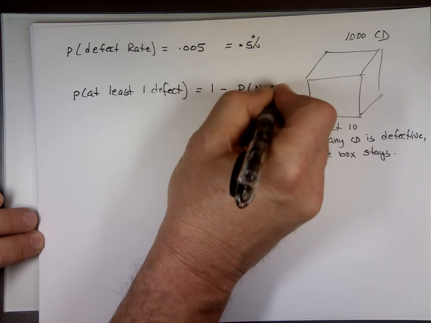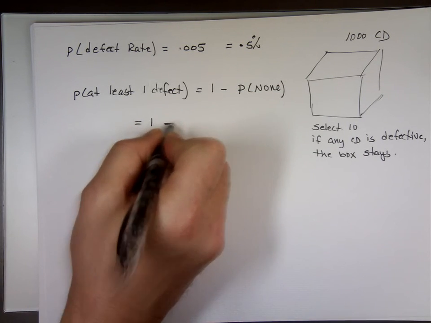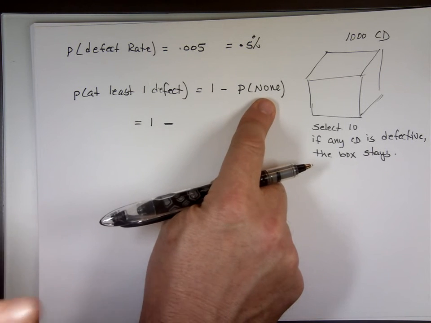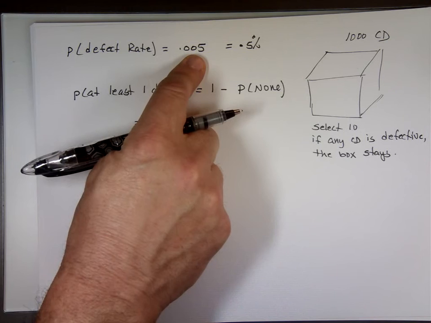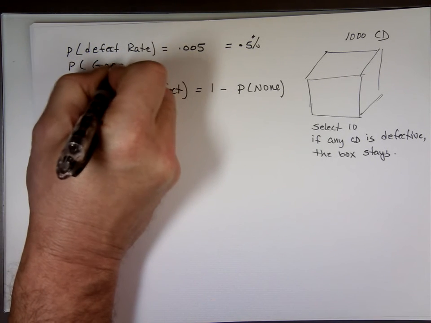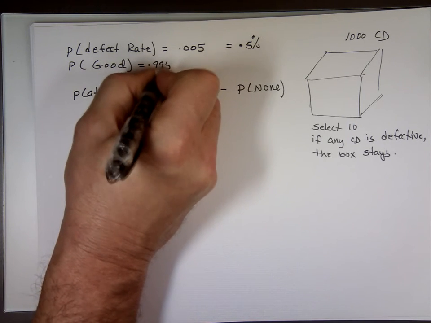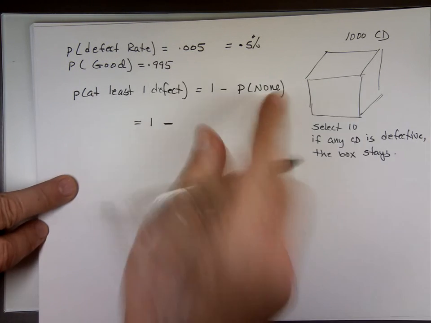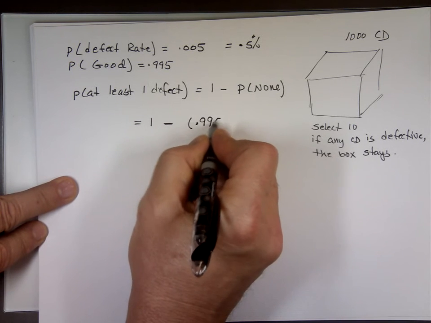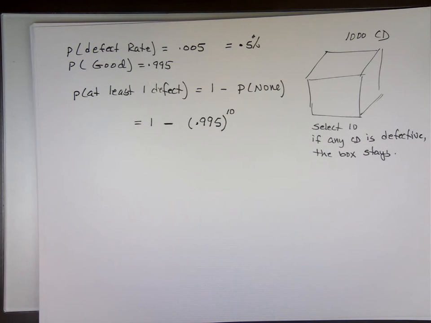If the chance of a CD being defective is 0.005, the chance the CD is good is 0.995. So for a CD to be not defective has a chance of 0.995, and you're selecting 10 of them. So 1 minus 0.995 to the power of 10.